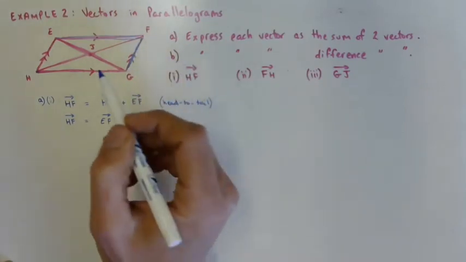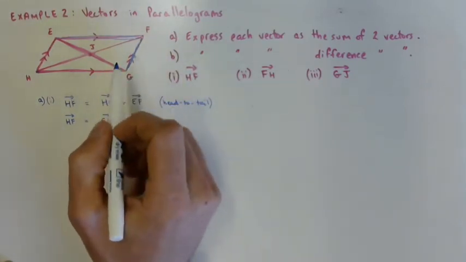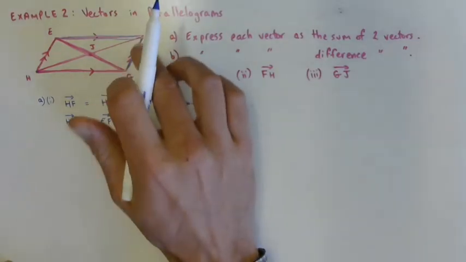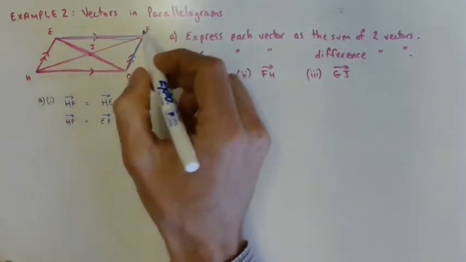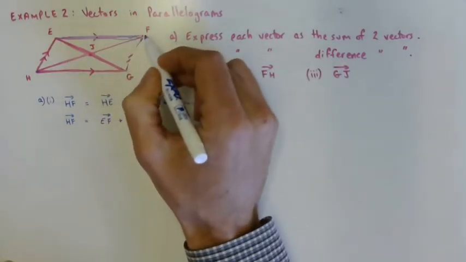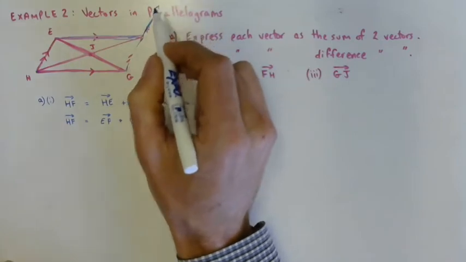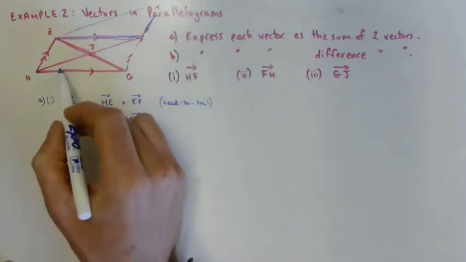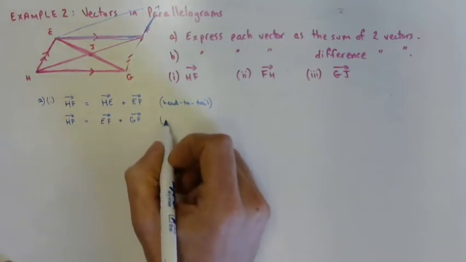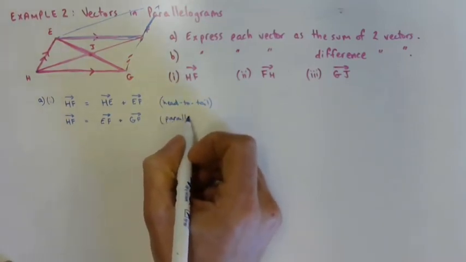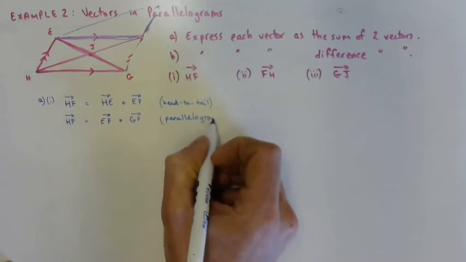And you could even put them like that. I guess what you would actually do is you would drag the tail of GF to the head of EF, and you would end up with this going up that way, and the resultant vector would be the same as vector HF. Okay, so this is the parallelogram method.